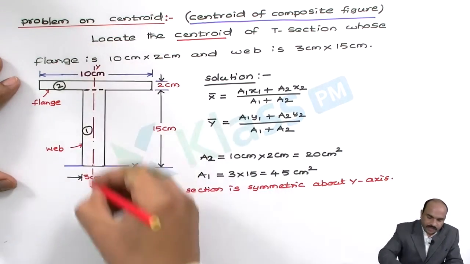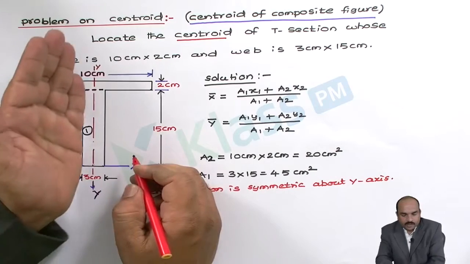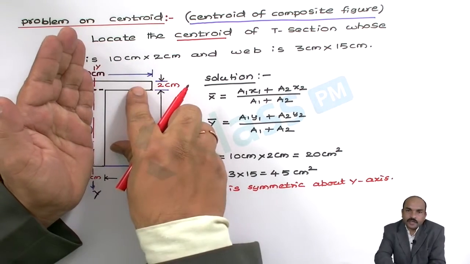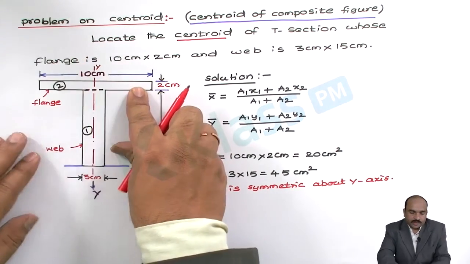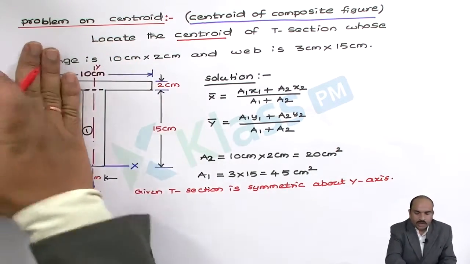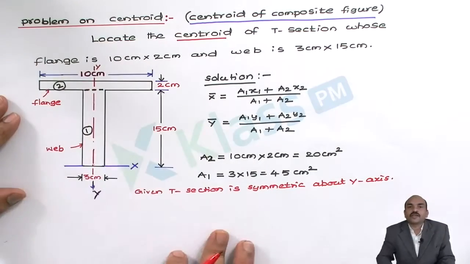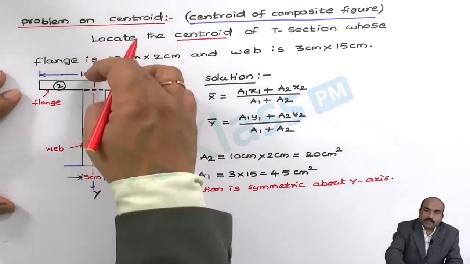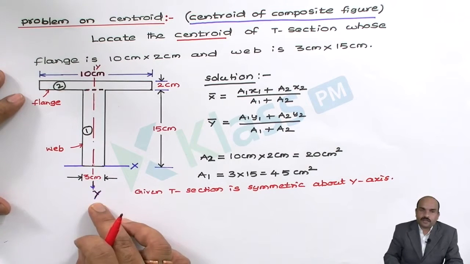When the diagram is symmetric about y, symmetric means from this y-axis, this right hand side diagram is the same as this left hand side diagram. So two halves are similar, then we say it is symmetric. Now this given diagram is symmetric about the y-axis.